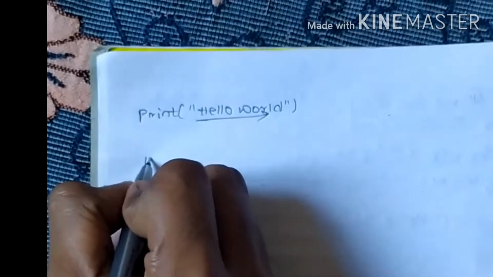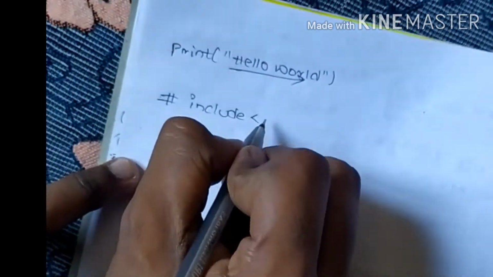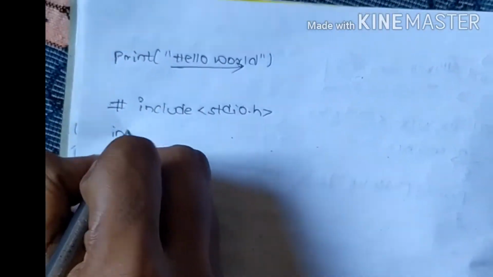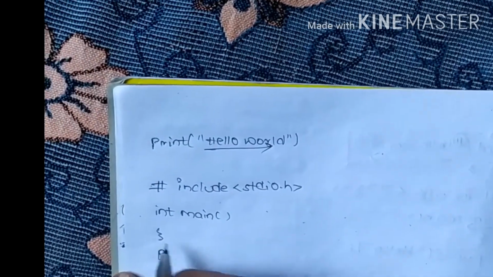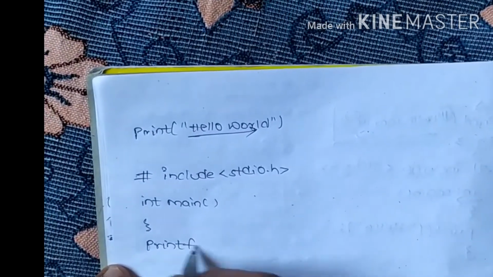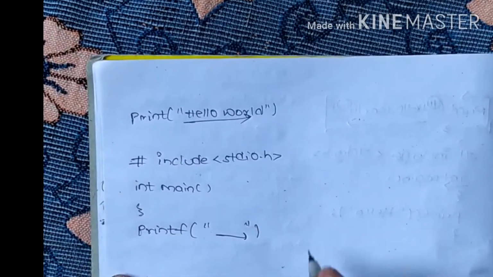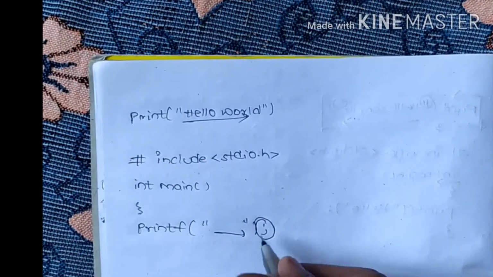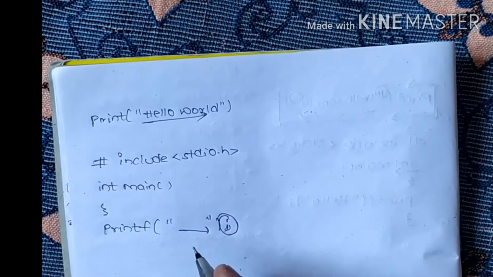If we consider C, we have to write the header files, that is include stdio.h, and then we have to declare int main, give braces like this, and then declare printf with the content which we have to show the user, and then we have to give these semicolons.